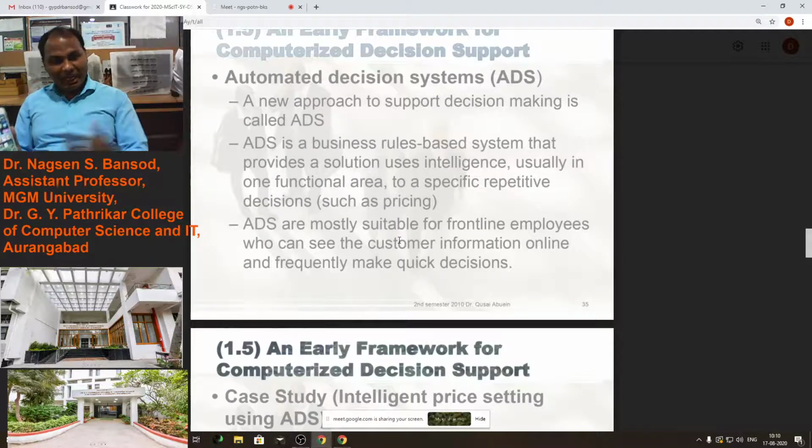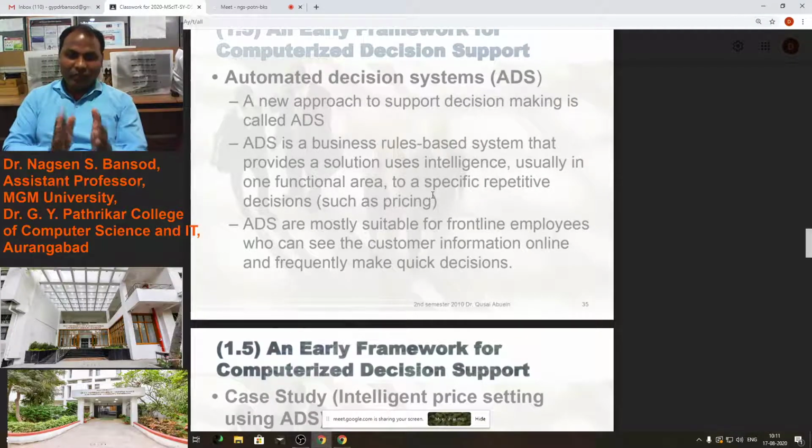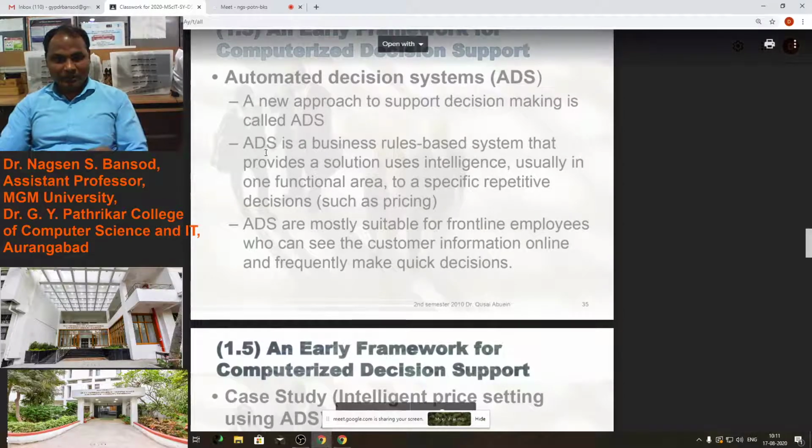That is an automated decision system connected to the call center, so that we can get our answer by just providing the input in that SMS. Similarly, here we can use ADS for pricing of cars and for features of cars.